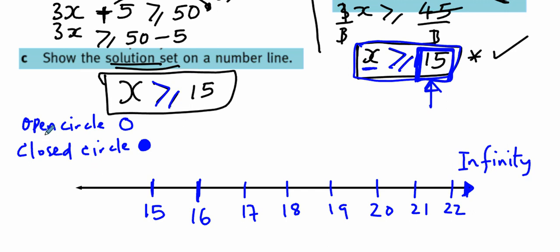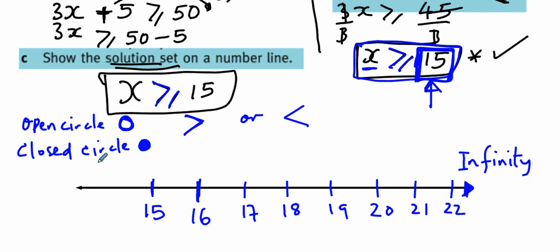Now, when do we use an open circle? We use an open circle when the solution set takes use of this mathematical symbol. So if it is greater than or if it is less than, we use an open circle.